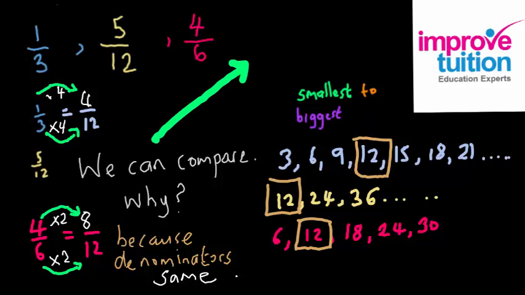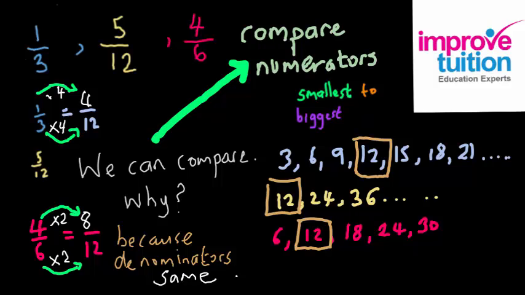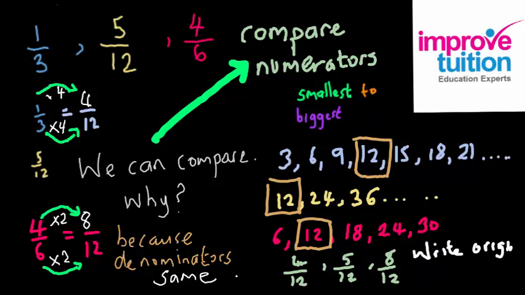So now we can see that 4/12 is the smallest, 5/12 is next, and 8/12 comes afterwards. So we're comparing the numerators because the denominators are common. If you look at the bottom right hand corner, it's 4/12, 5/12, and 8/12. I'm writing it down.